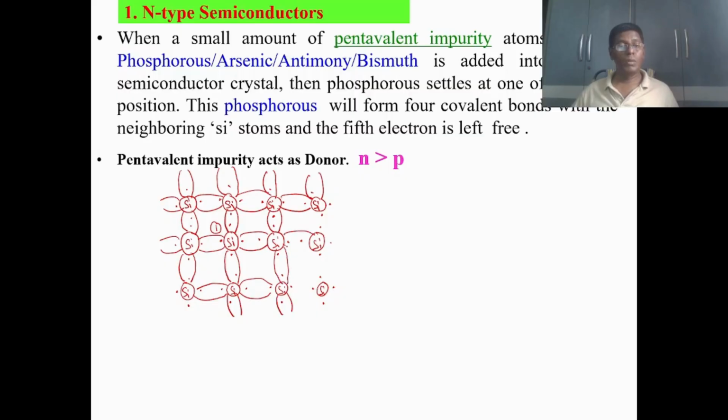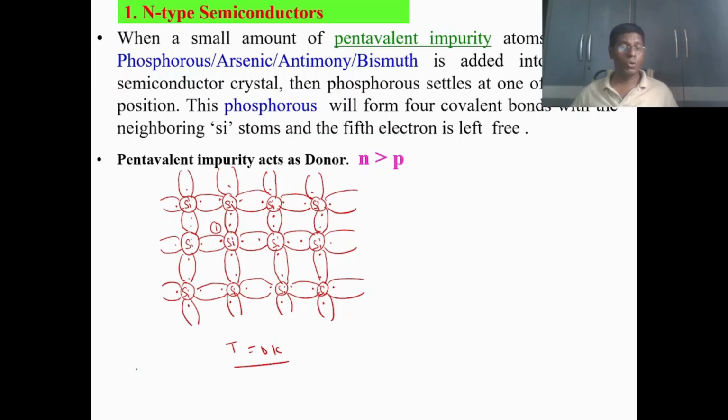If you observe the pentavalent impurity atom, how many valence electrons can you see? 5 valence electrons. The intrinsic silicon contains only silicon atoms, no other element is present. That is the nature of pure silicon, at absolute temperature.